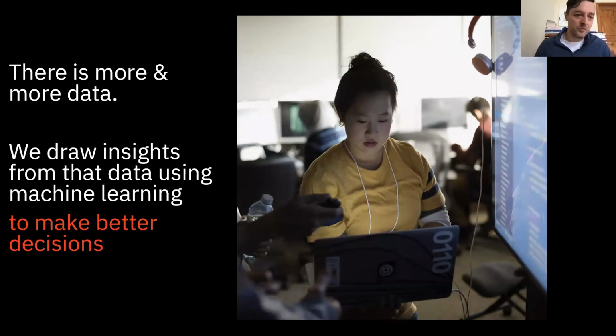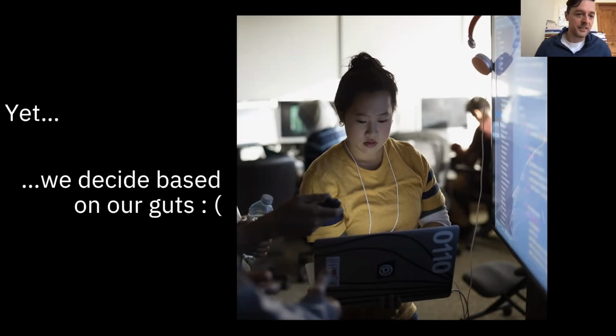There's more and more data, and often we use those machine learning models to see the data, to predict what is going to come, to understand what is going on, and then we are making those decisions, right? So we are having expertise on what's going on.